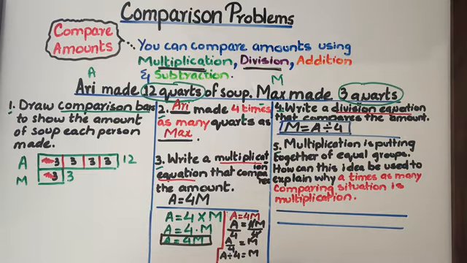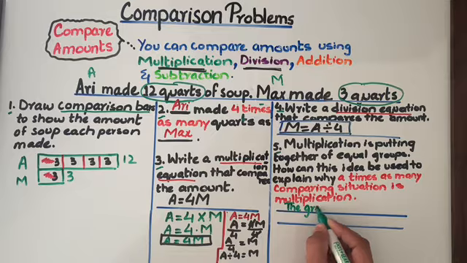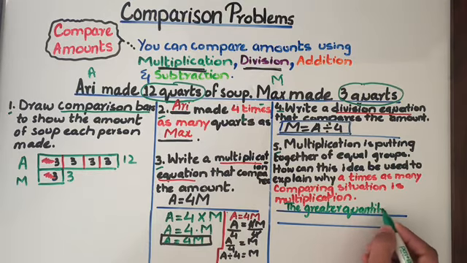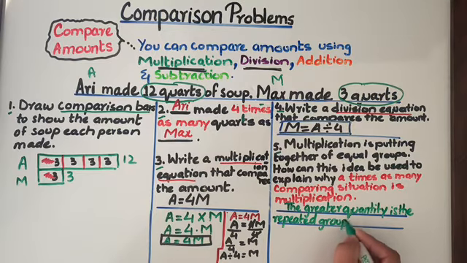The answer of this question is: the greater quantity is the repeated groups of the lesser quantity.